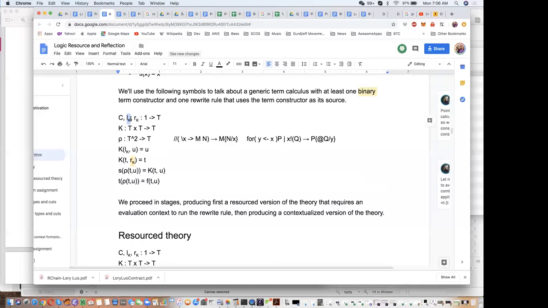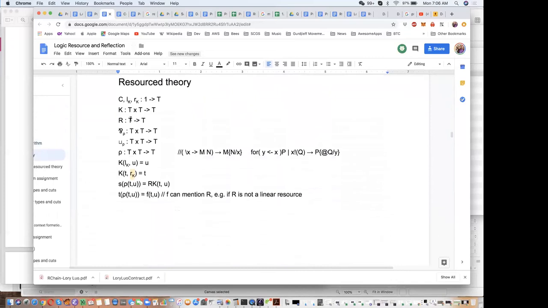Now you can see why that has to be, because when we go through the steps, the first thing we do is equip the theory with a resource, and then we change the rewrite so that the source of the rewrite has to have the resource in it.